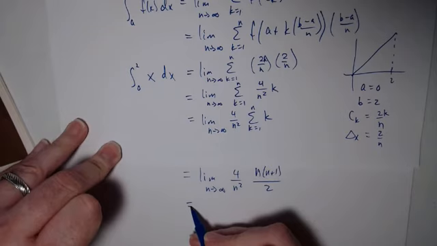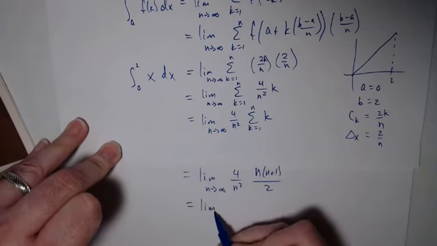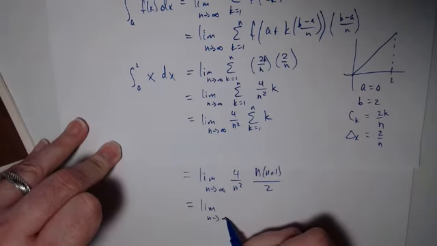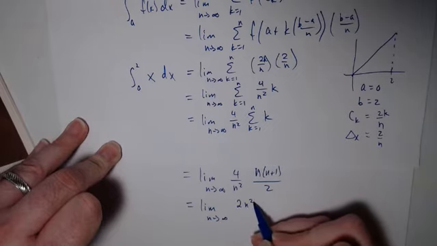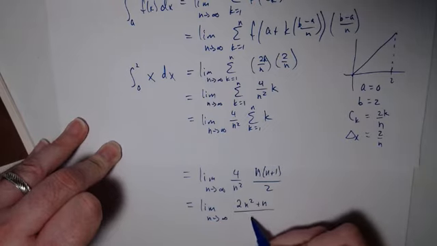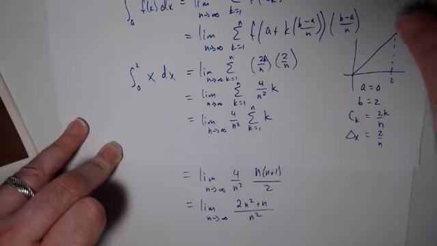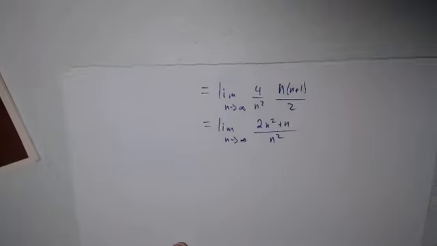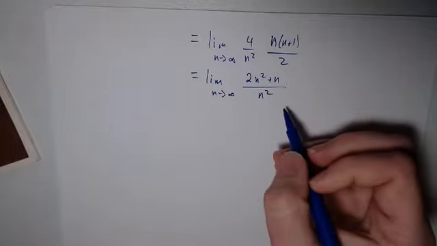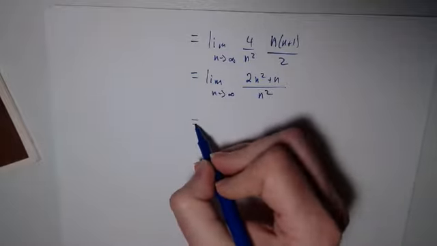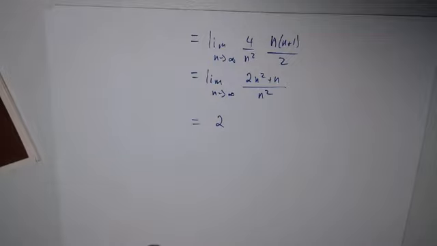So this is the limit as n goes to infinity of 2n squared plus n over n squared. And that is going to be equal to 2. Right? That's just all there is to it there.